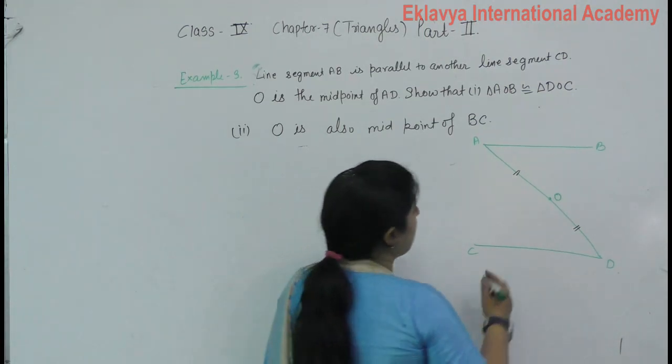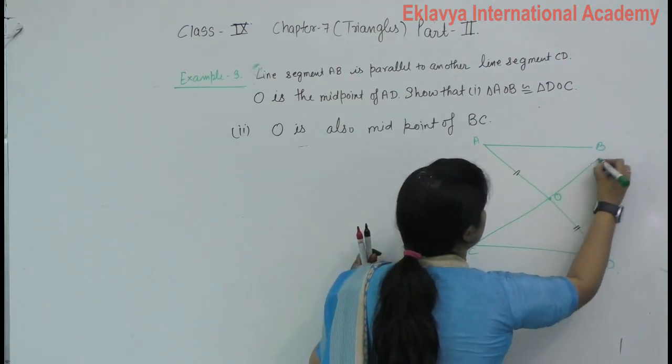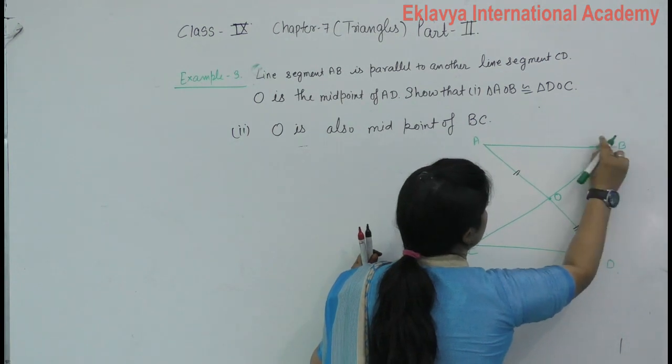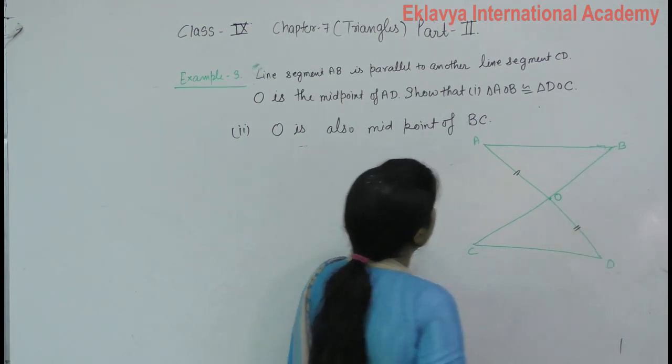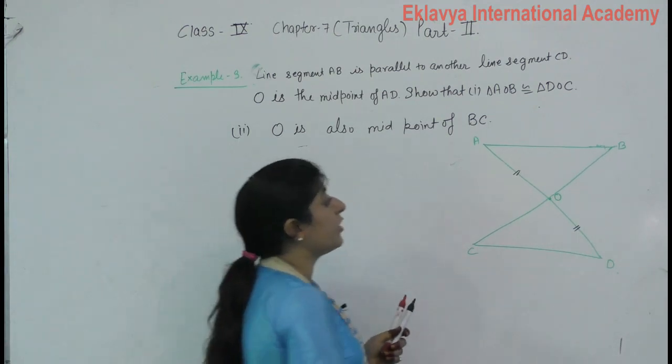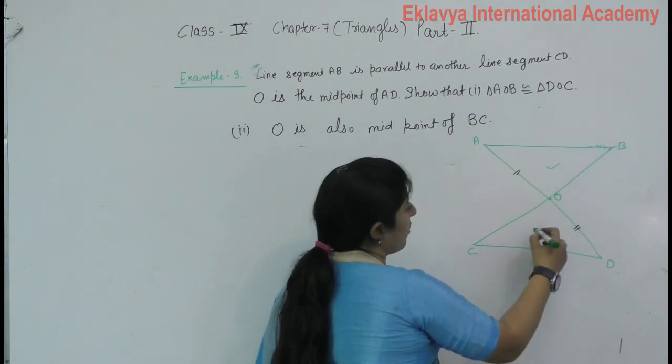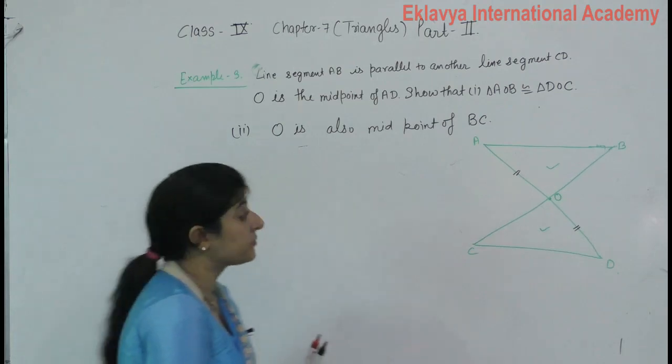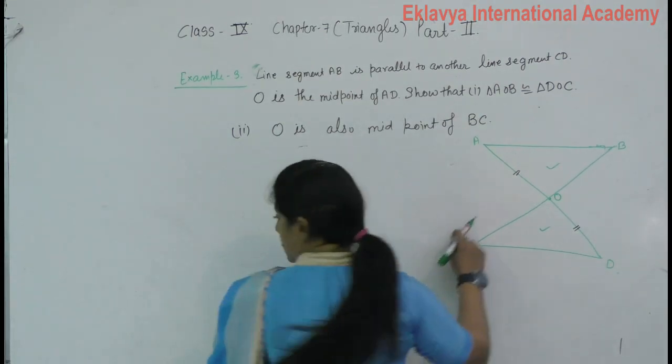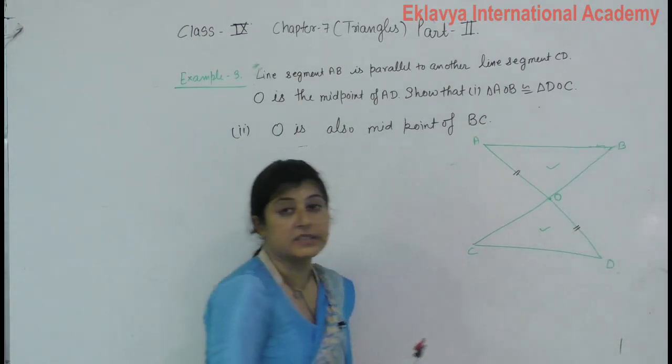Show that triangle AOB, it means join this also. Show that triangle AOB, this one, is congruent to triangle DOC. And O is the midpoint of BC.